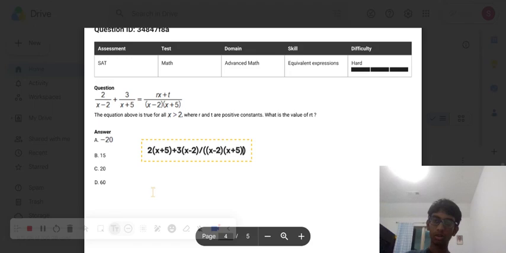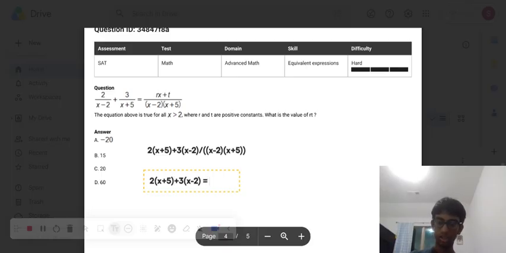Based on that, we can figure out that 2 times x plus 5 plus 3 times x minus 2 will be equal to rx plus t, because it has the same common denominator, and we know that they're equal.